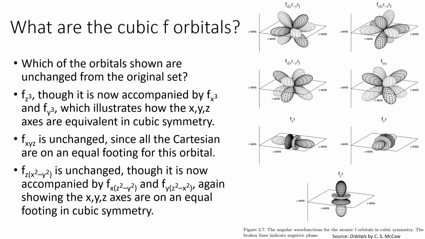That's an fx multiplied by the difference between two squares of the other axes, and the other one is fy multiplied by the difference of the squares of the other two axes. And so when you compare those two with fz and the difference of the two squares of the other axes, you can see that when you look at those three together, x, y and z are again on an equal footing. It's all fairly symmetrical, the way you've got the three Cartesian axes involved.